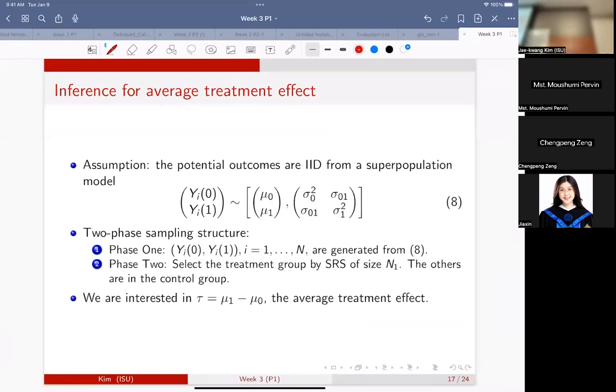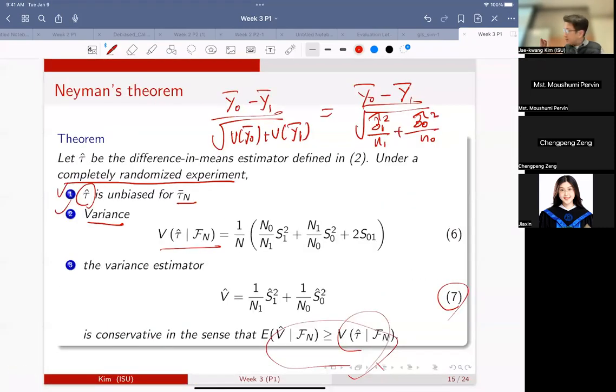So now let's consider a two-phase type sampling structure. Now we want to introduce a model. Previously we just treated y1 and y0 as fixed quantities and only considered randomization with respect to Ti. If you are really interested in estimating the finite population mean, maybe this is the best we can do.